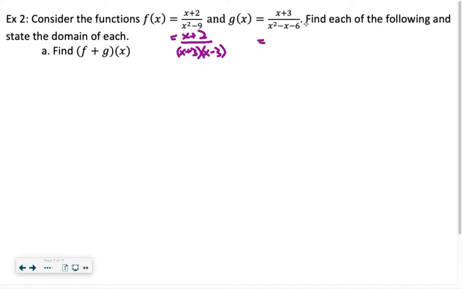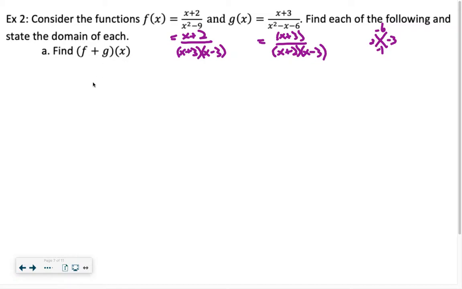And here, if we factor the denominator, we want 2 values that multiply to negative 6 that add to negative 1. Well, I think that would be positive 2 and negative 3.